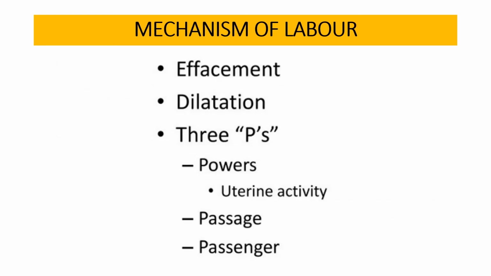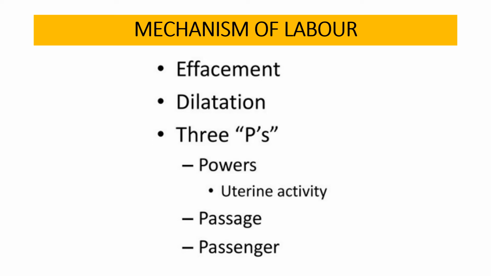Now the mechanism of labor. What is the aim of labor? The aim of labor is the delivery of the fetus. There are three P's which denote the process of labor: the power, the passage and the passenger. Power is the uterine activity, passage is the birth canal, and the passenger is the fetus.